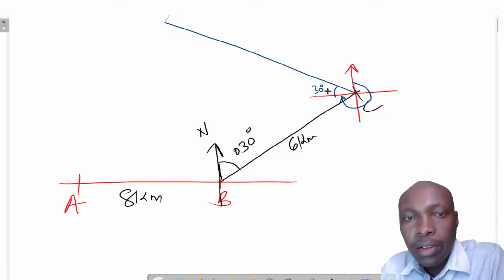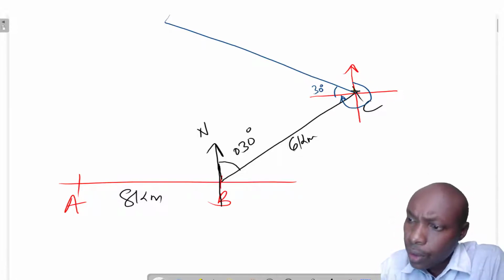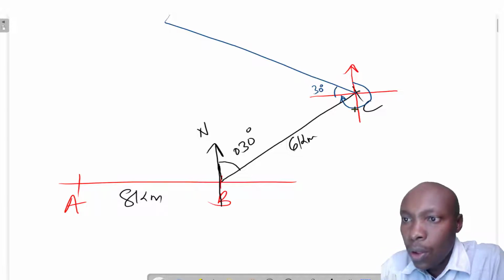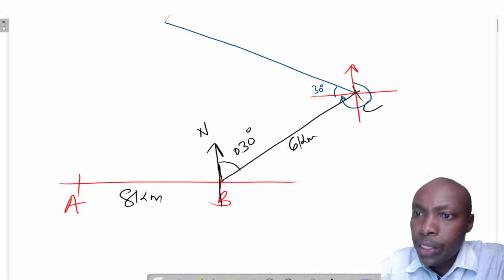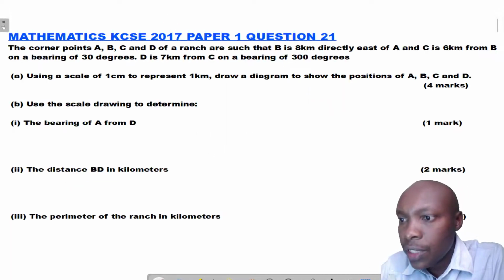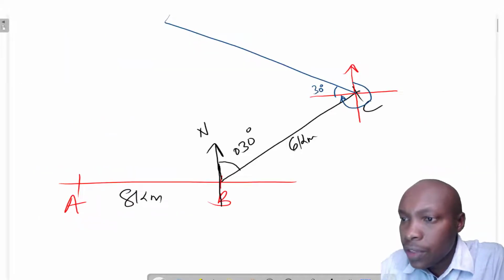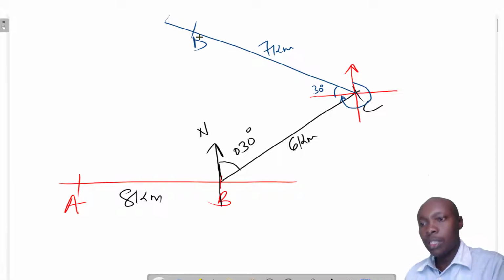Up to this point is 270, so you need to add 30 degrees more. 270 plus 30 degrees is 300. So 300 will move all the way from the north in this direction up to that point, and the distance is 7 kilometers. D will be somewhere there.